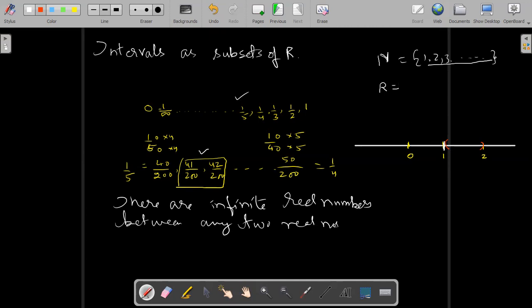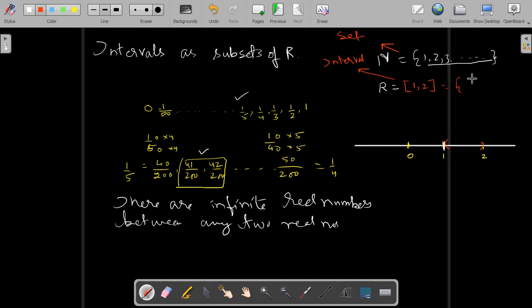This real set of 1 to 2, we can write like this. This is the way of writing an interval. Try to understand the difference between a set and an interval. This is a set and this is an interval. The interval is written like this, and an interval has two types of brackets. This one shows that 1 and 2 both are included.